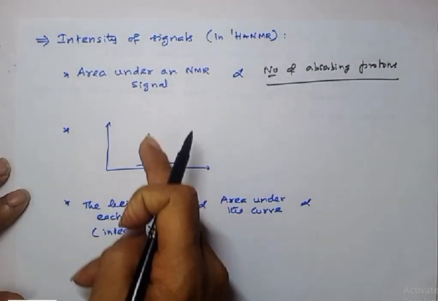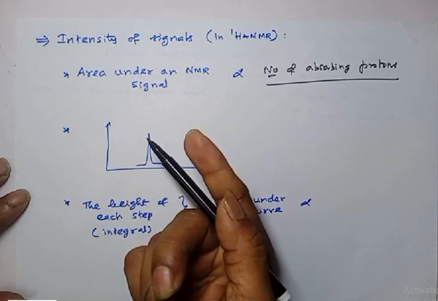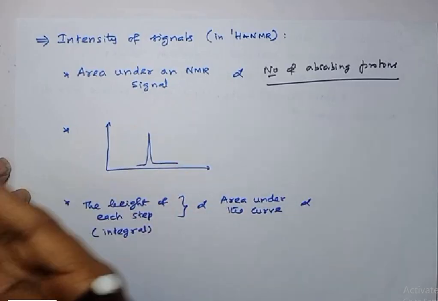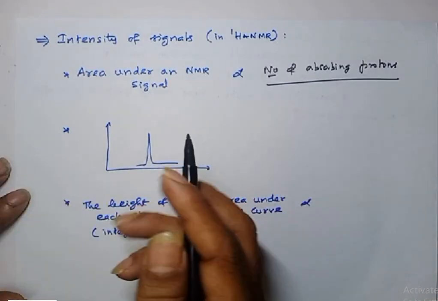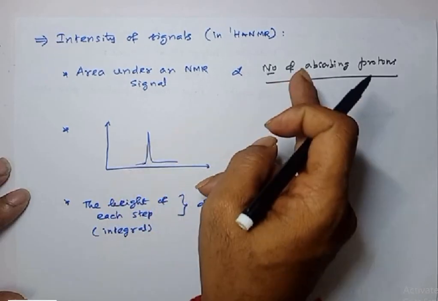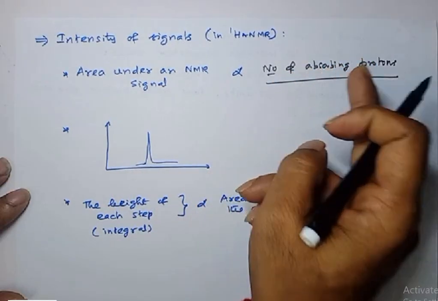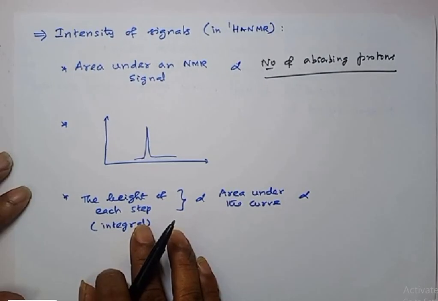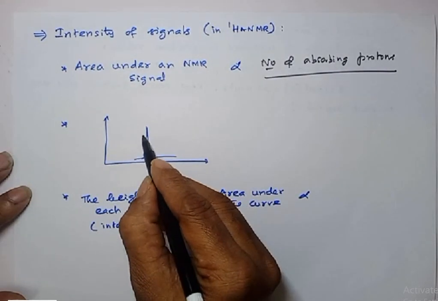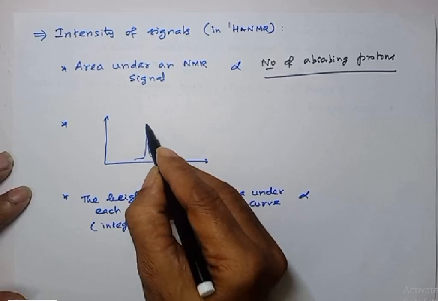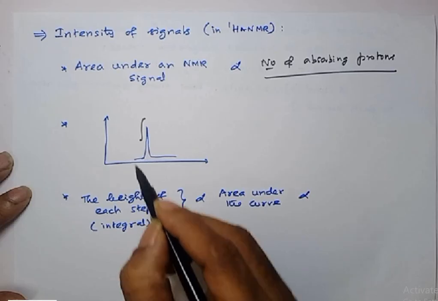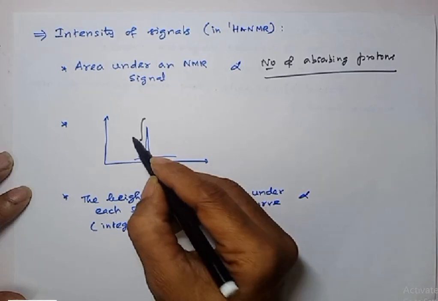If you get a signal, this signal may be due to one hydrogen, two hydrogens, three hydrogens or five hydrogens, whatever it is. The area under this signal is proportional to the number of absorbing protons. Normally, when you take an NMR spectrum, each signal is given with an integration value, or we can say a step.